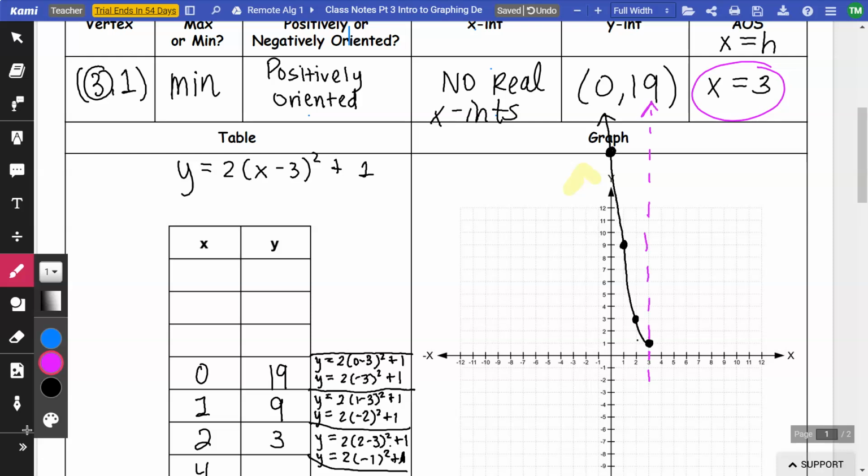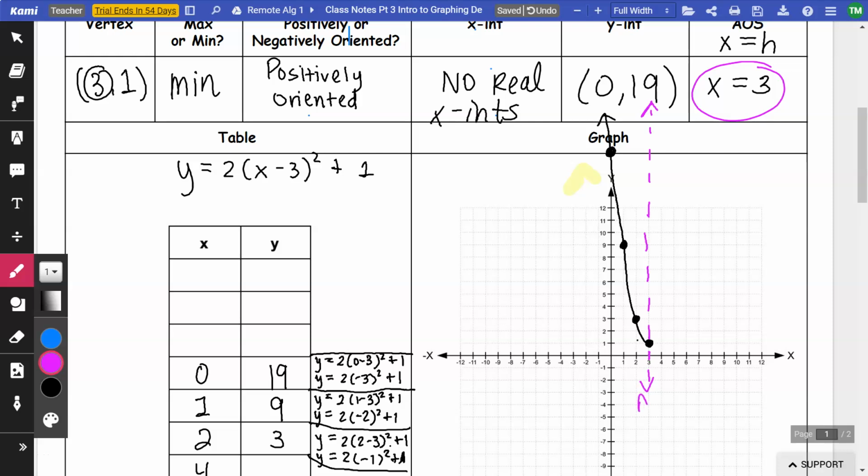And that vertical line splits our parabola in half perfectly. So that means that each of these points can be reflected across that vertical line. So for example, this point here is just 1 away from the axis of symmetry.